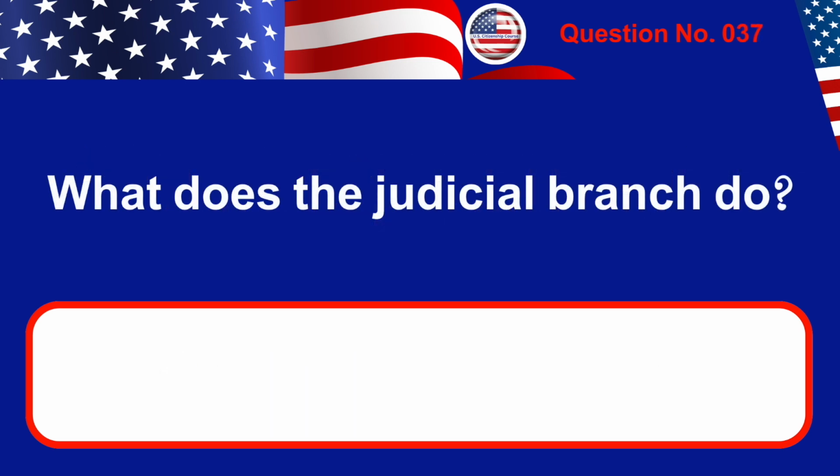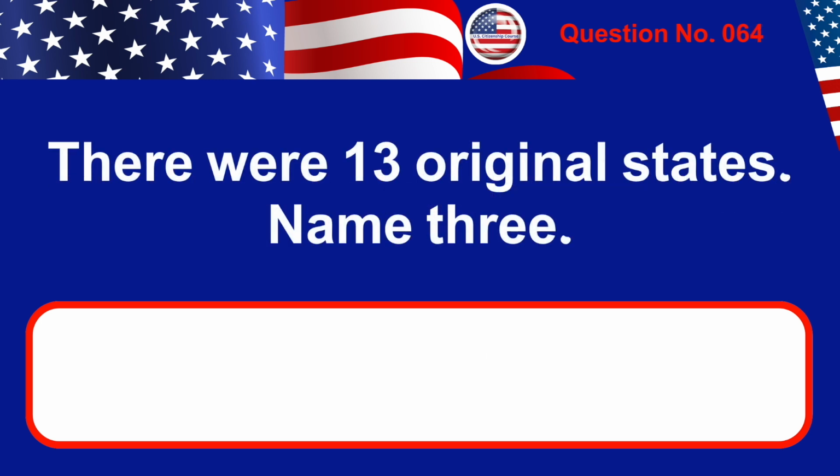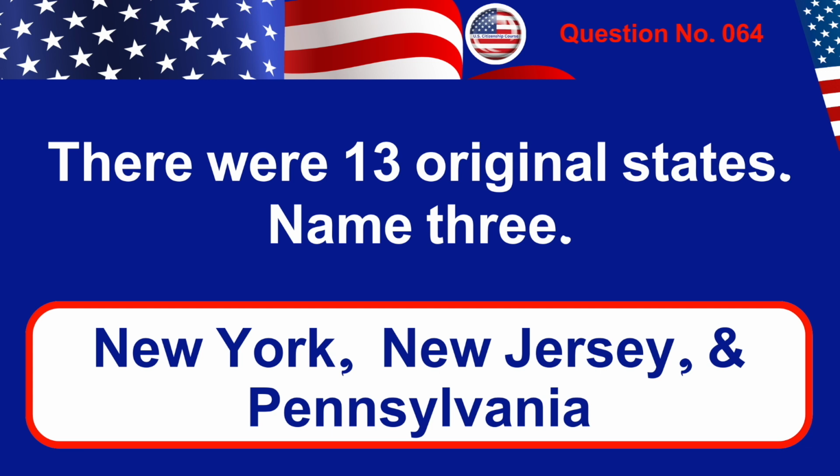What does the judicial branch do? Reviews laws. There were 13 original states. Name 3. New York, New Jersey, and Pennsylvania.